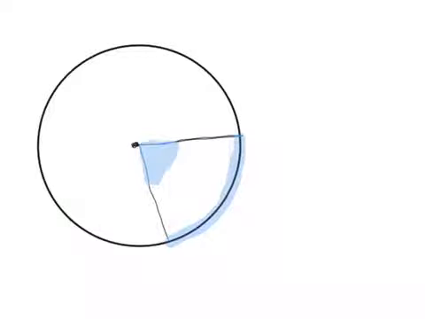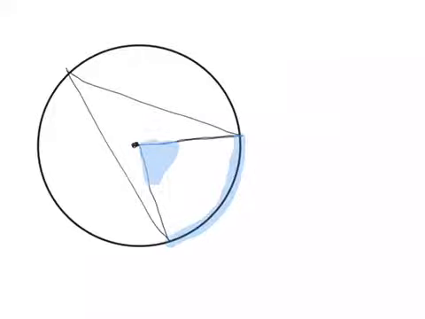Okay, and then what was in that last video was something called an inscribed angle. It's where I take my endpoints of my arc and draw line segments to another point on the circle. So something like that.